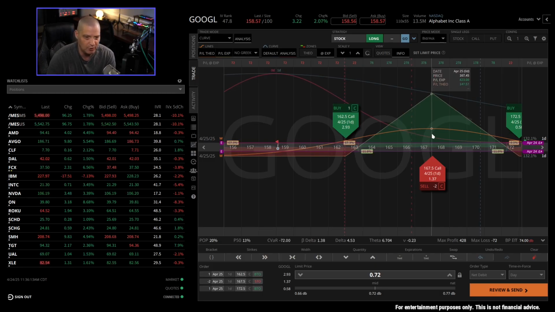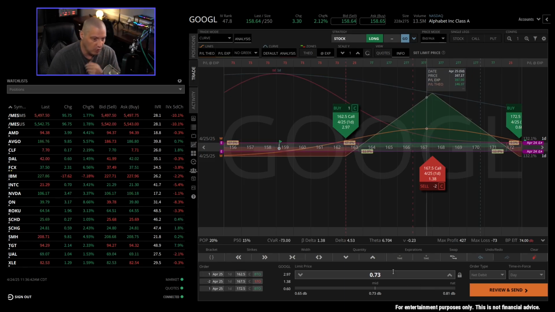That's the max possible profit, but you're not really going to get that unless you hold all the way to expiration and it expires exactly at your two short strikes. That's not something you probably want to do. Plus, you could end up facing exercise or assignment on some options because you're going to finish in between some of these spreads. So typically, you don't want to hold it all the way to expiration. But if I get the move right in the morning, I'm going to pocket probably about $100 to $150.